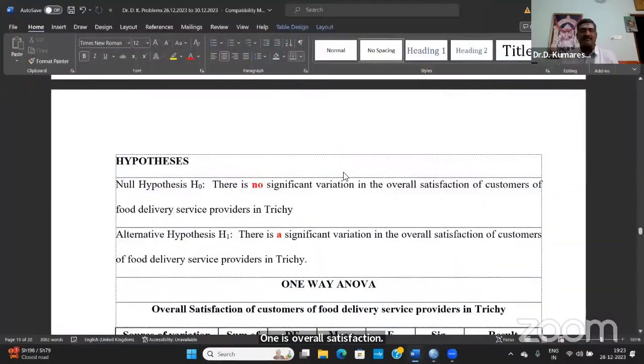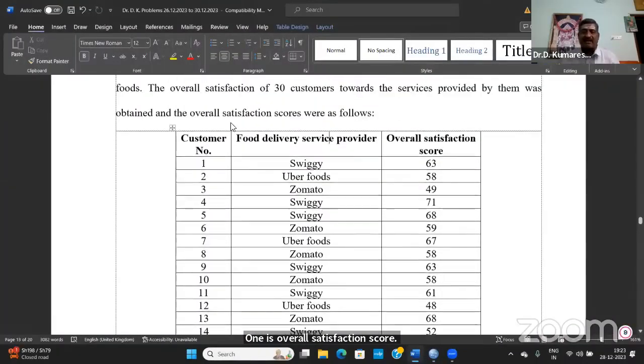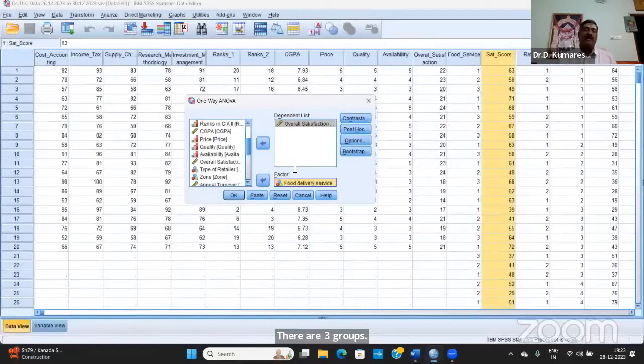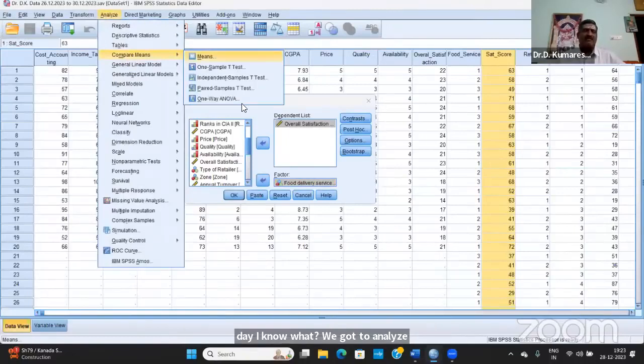That score is given as scale data. Service provider is given as nominal data. There are three groups. So we go for one-way ANOVA. For one-way ANOVA, we go to analyze, then compare means, then one-way ANOVA.